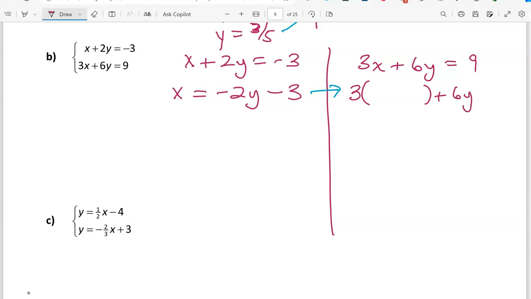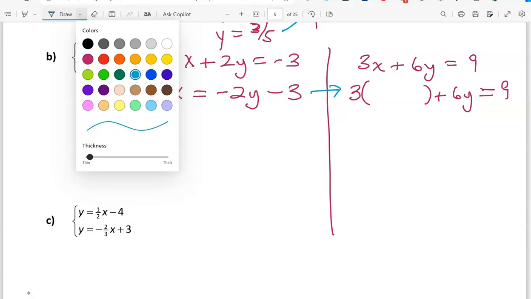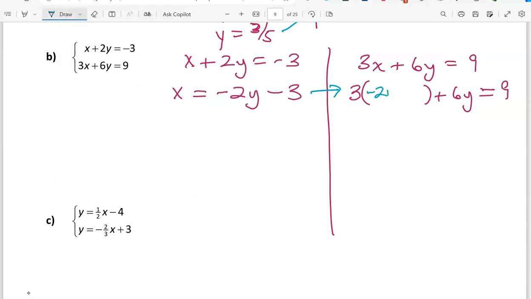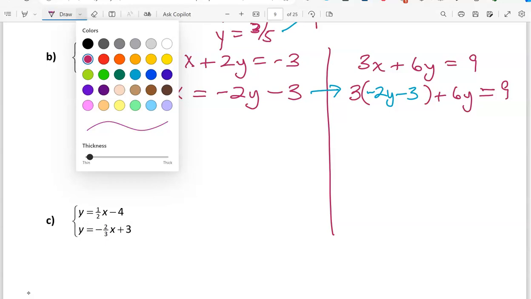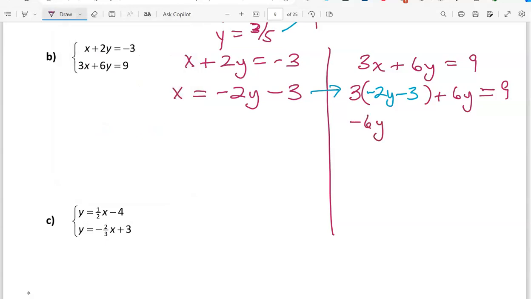So 3 times the x value plus 6y is equal to 9, and we're replacing x with negative 2y minus 3. Now let's distribute the multiplication over the subtraction in the parentheses. Negative 6y minus 9 plus 6y is equal to 9.